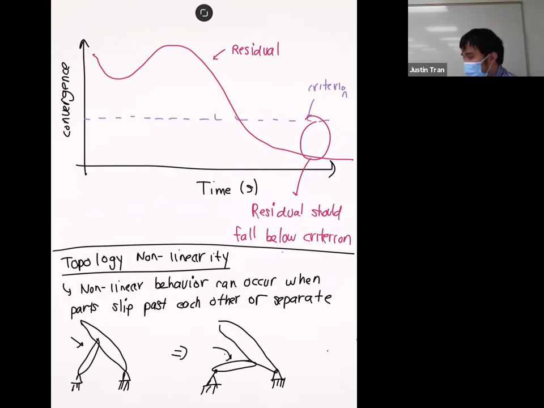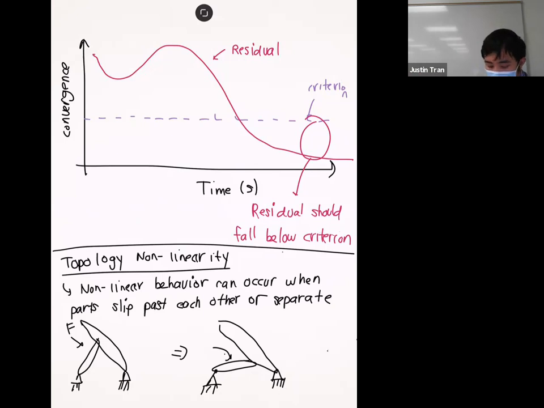And so because we have this slippage, we have a nonlinear effect. The way you can see that is, let's say that we take this force and we ramp it up slowly, right? We start with a very, very small amount of force. When we start out, the force is so small that it can't overcome the friction between these two parts.